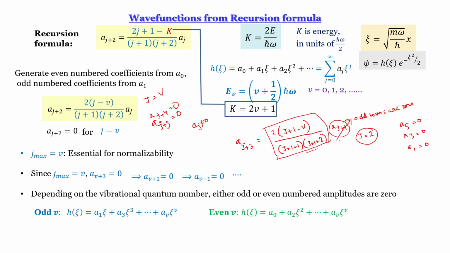Because now if you rewrite this equation, A3 will be equal to 2 times 2 minus 2. So that will be 0. Suppose this is A3. So j is equal to 1. And we already took that j will be equal to v, so it is 1.